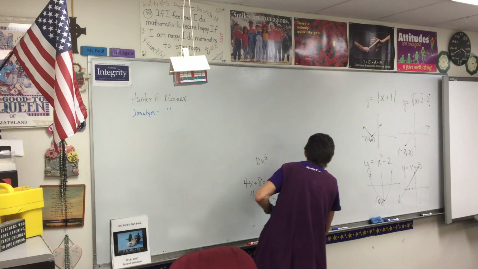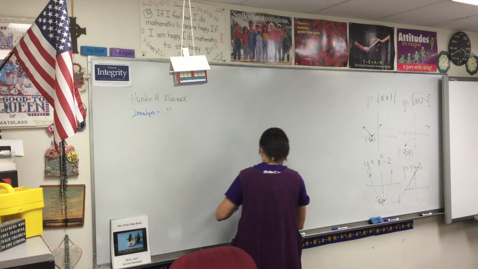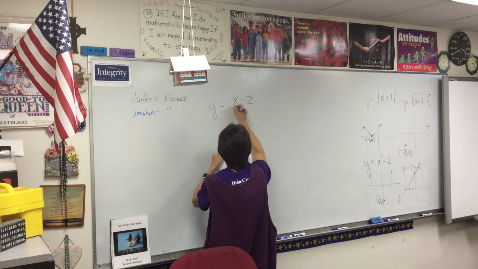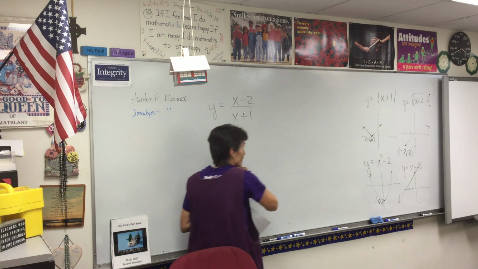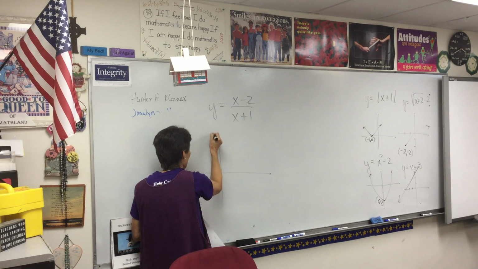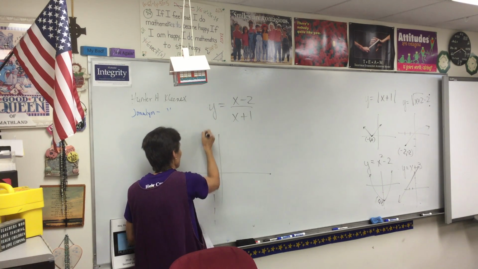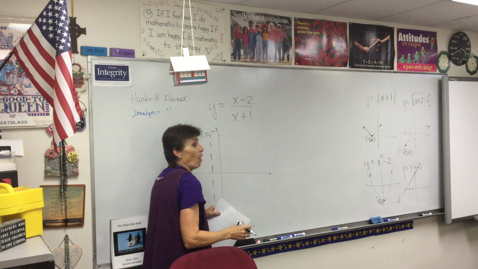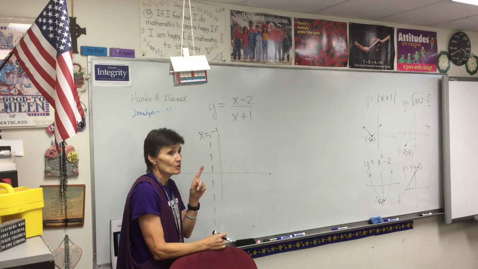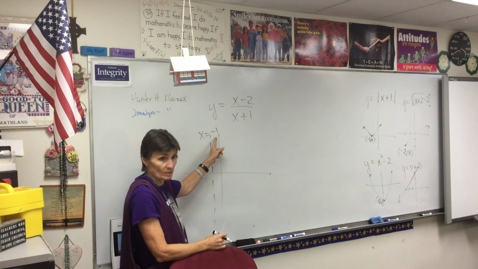Let's look at the side that's labeled 2. Where are the asymptotes for this? One is at x equals -1, that would be your vertical. On the test, you're not going to be graphing it. You're just going to be writing down x equals -1.